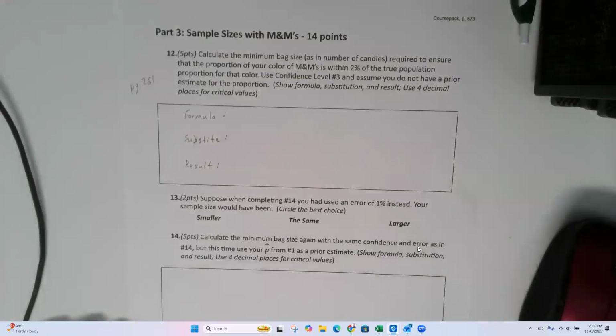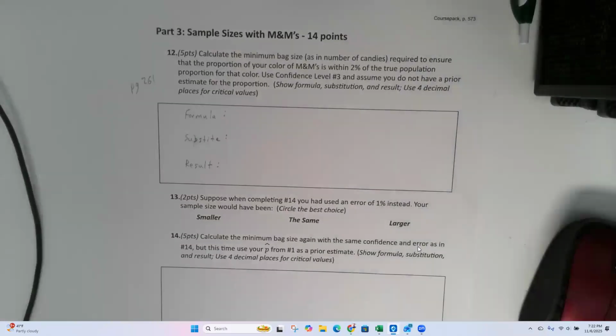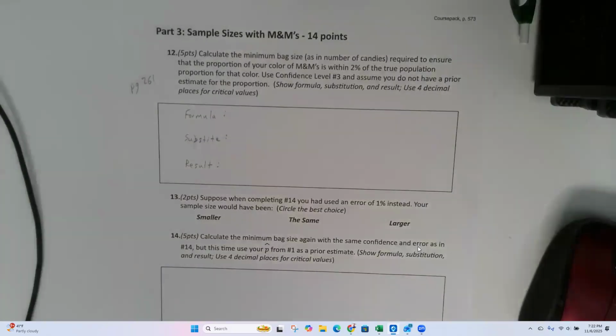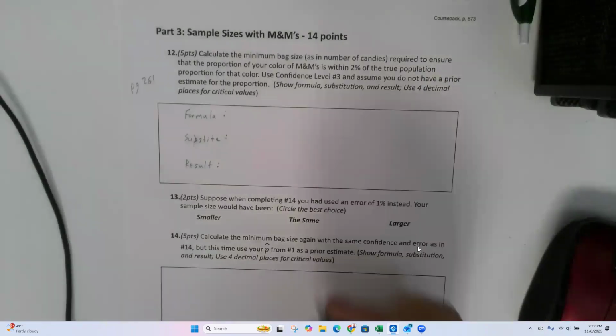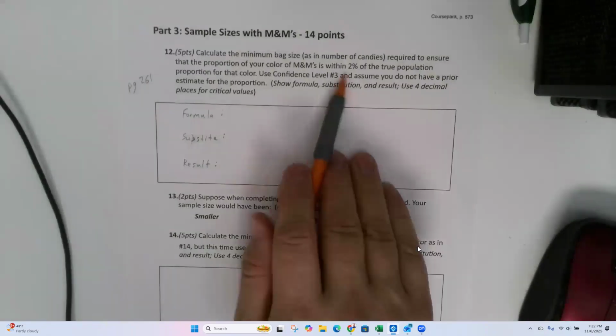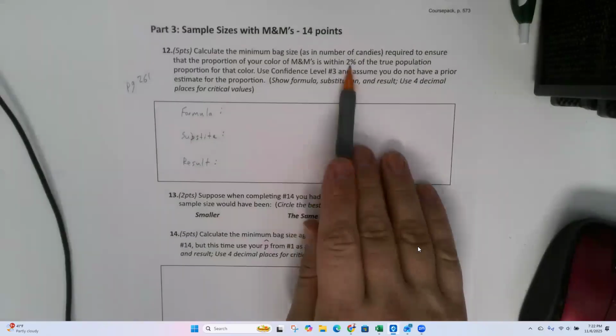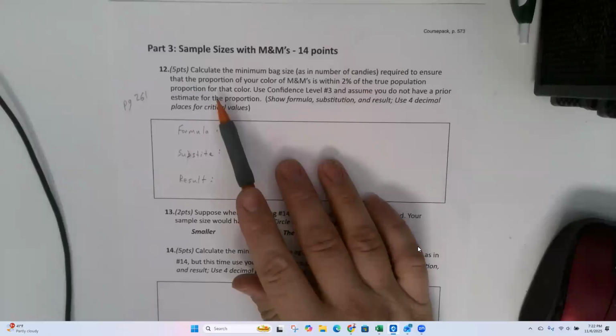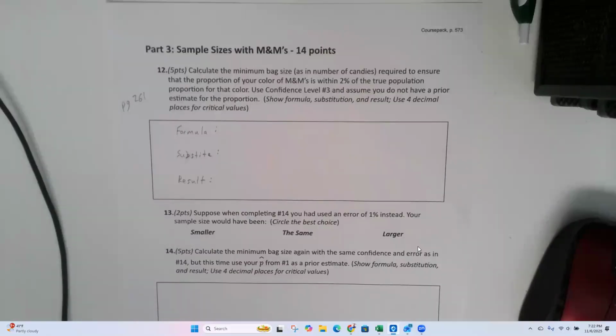That must mean that my sample size was not big enough. A bigger sample size will make it more accurate. So what sample size do I need to be more accurate? I want to be within 2% of the true population. The true value was 16%, so to be within 2%, I need to be somewhere between 14 and 18.